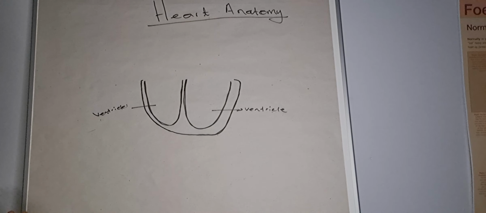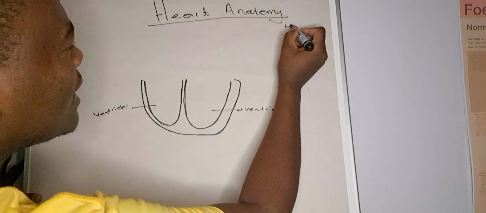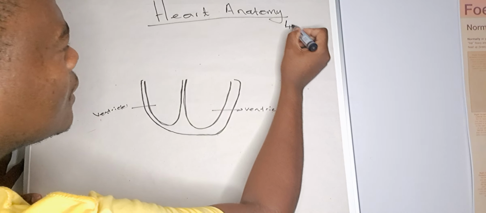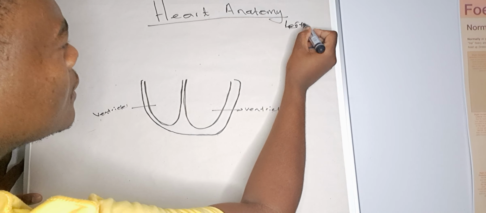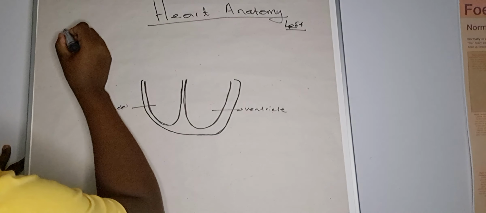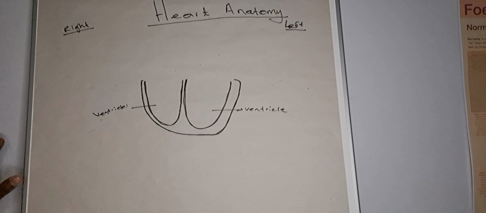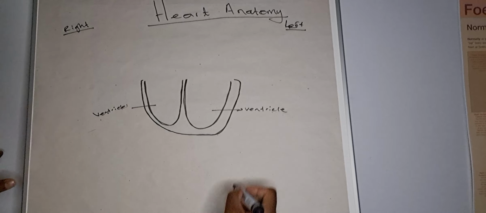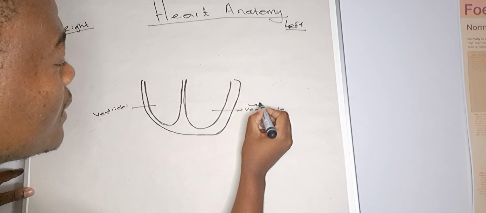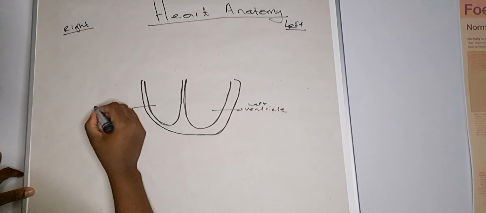When you teach about the heart, you are always focusing on a patient's heart or someone's heart. So this will be your left hand side, this will be your left, this will be your right. Just grab that concept. So this one is your left ventricle, this one is your right ventricle.